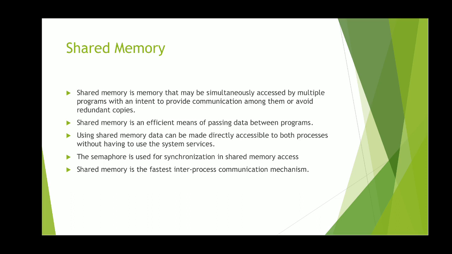Using this semaphore, we can achieve synchronization for the use of shared memory access. And it is a faster way for interprocess communication than all other methods because it doesn't need to access the system services for interprocess communication.